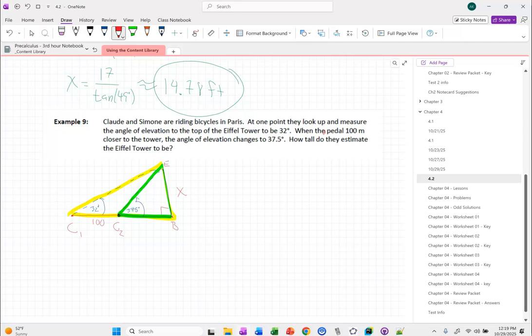Bummer. So what am I going to do? Well, this piece is part of both of those two triangles, correct? I'm going to give this piece a variable name. I'm going to call it y. And what I'm going to do is set up a system of two equations because I have two unknowns. I have this x and I have this y.